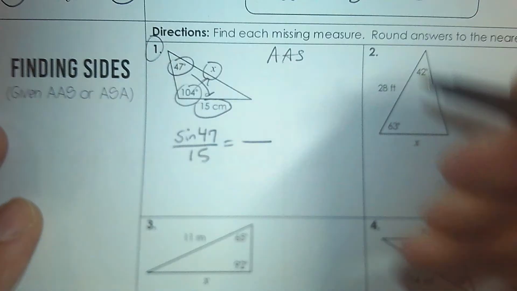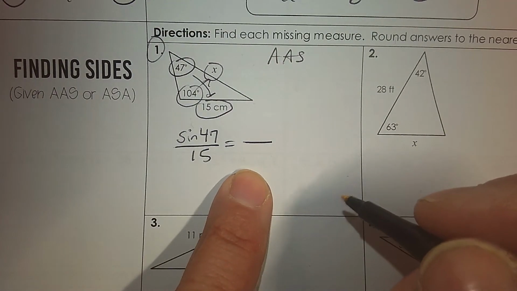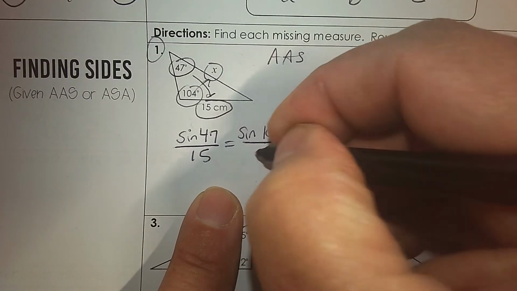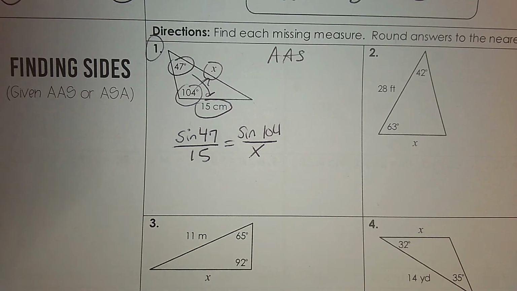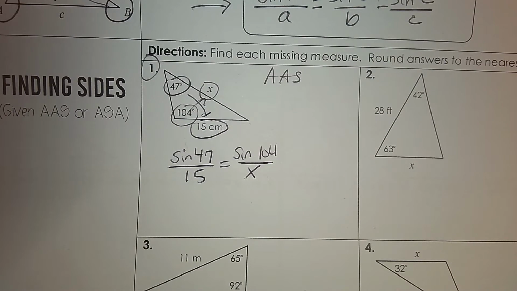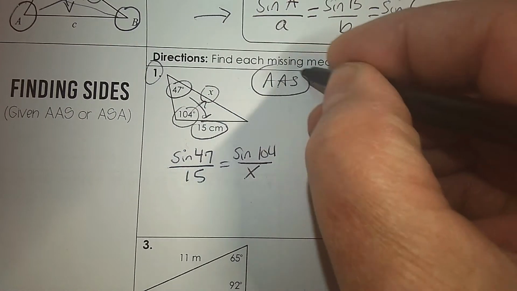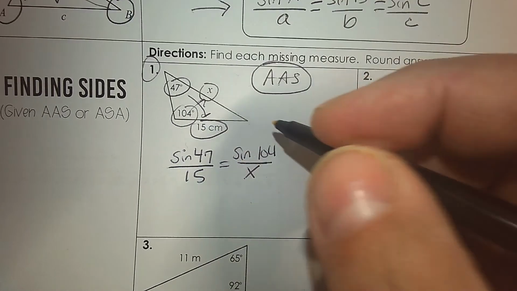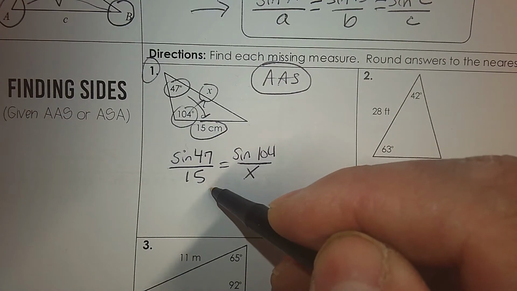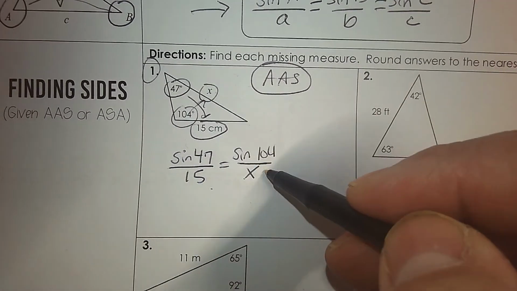So the proportion on the other side is going to be sine 104 over x. So first, can you recognize the type of triangle it is? Can you see an angle and its opposite side and use sine? And then do it again for what's unknown.